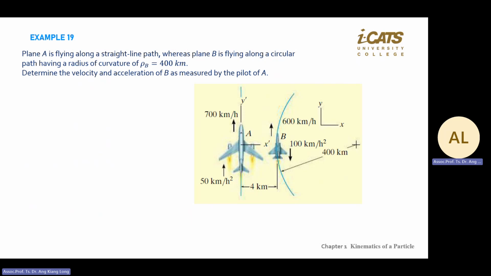Then you extract information from the diagram. What is VA? What is VB? You look at the diagram, it gives you the xy, it gives you the x prime, y prime, and you know that curvilinear motion, you need to refresh back. Once you see curvilinear motion, what you need to do? Establish tangent and normal axis. Once you see curvilinear already, straight away establish tangent and normal.